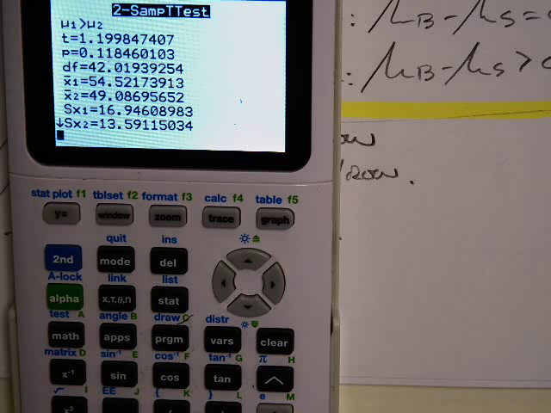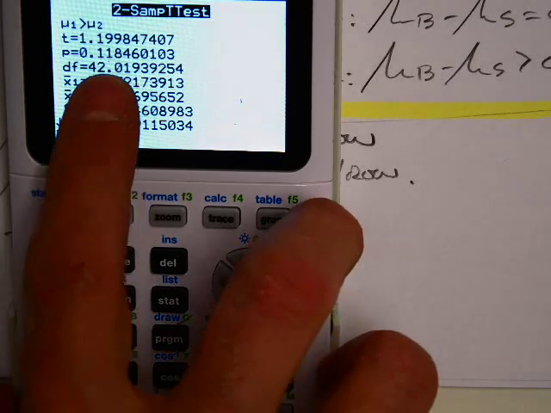So I've got a p-value of almost 12%. Would that be significant? Is there a significant difference looking at it that way? No, it's larger than any reasonable alpha, right? So we would fail to reject after tossing that outlier. We would fail to reject.